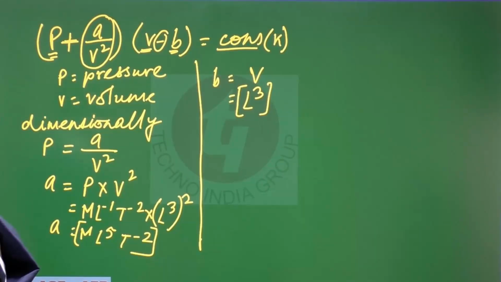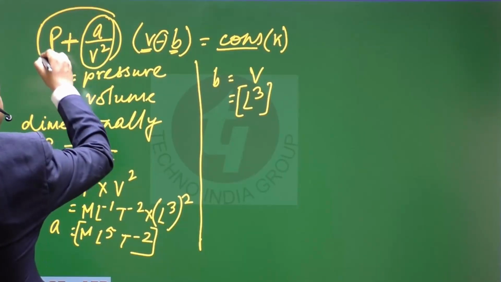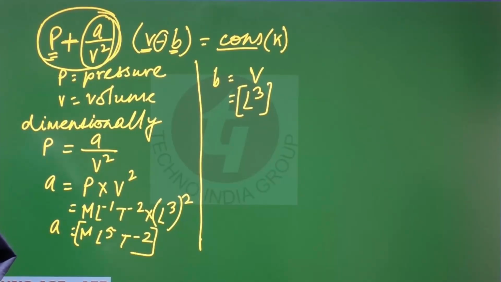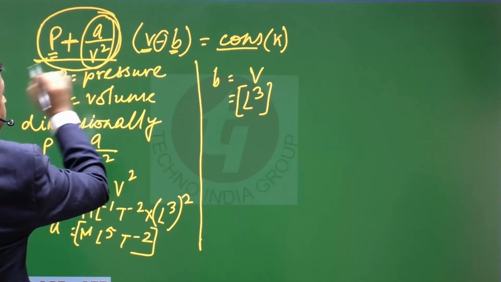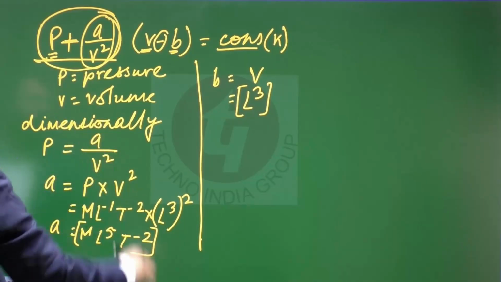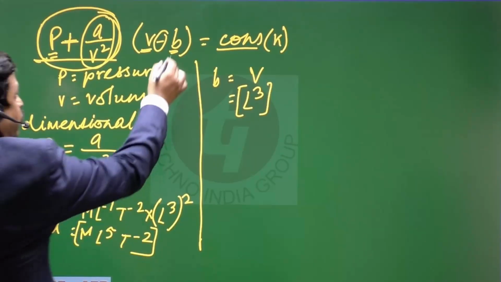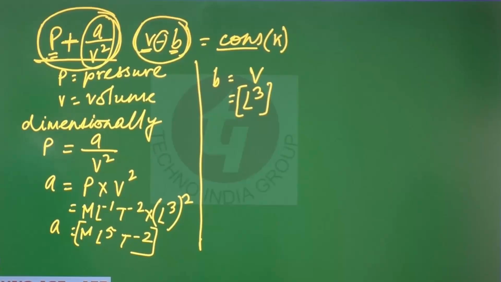That is a constant. You know that this total value represents pressure, that means the unit is Pascal, and this total value represents volume, that is meter cube, right?